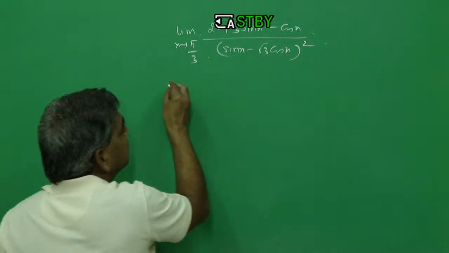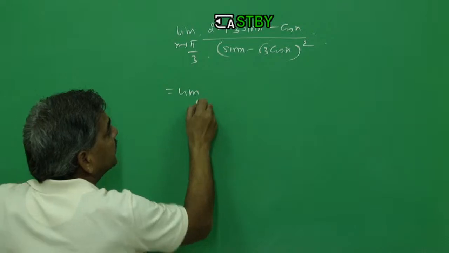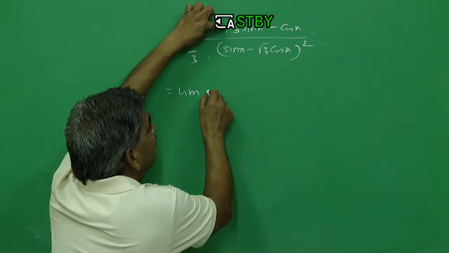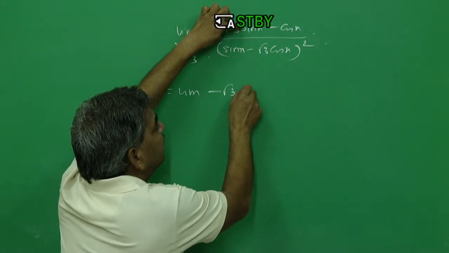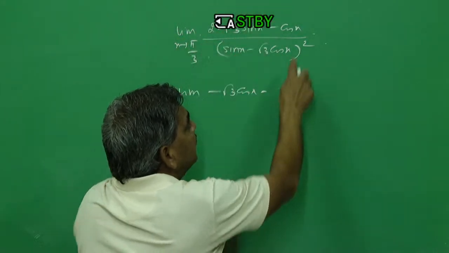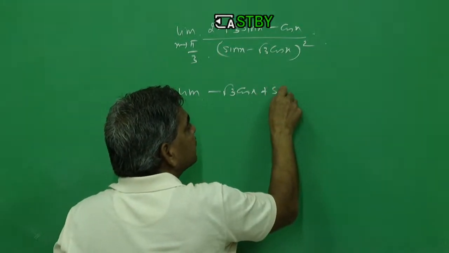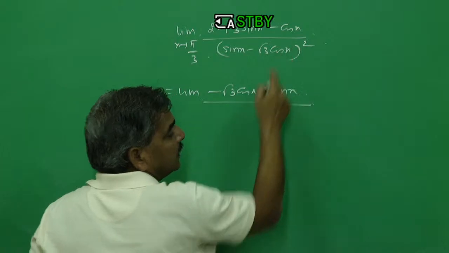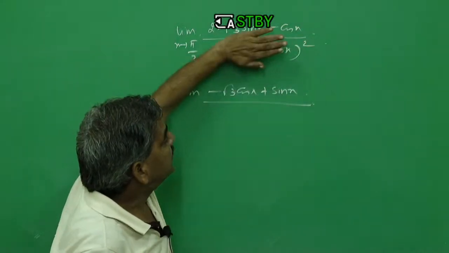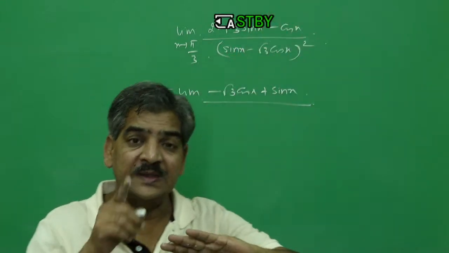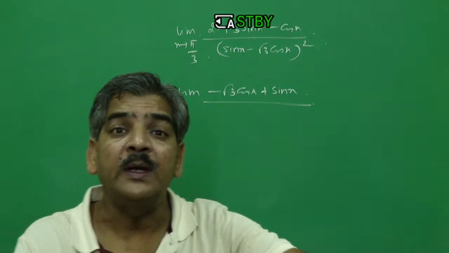separately, denominator separately. If I differentiate, derivative of 2 is 0, minus root 3, derivative of sin of x is cos of x, minus derivative of cos of x is minus sin of x, plus sin of x, whole upon derivative of denominator. This is the algebraic function, base is variable, index is constant. So this is the algebraic function. How to calculate its derivative?